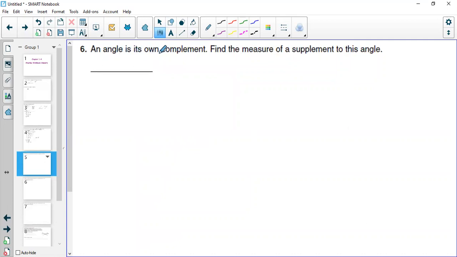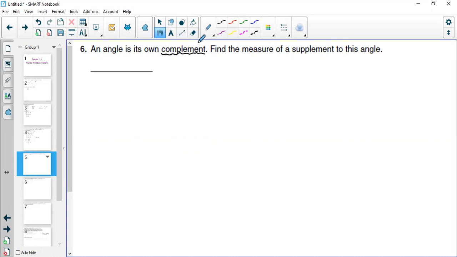An angle is its own complement. Okay, now this question is quite confusing because they did not say it is twice or thrice or something less. They didn't say anything. Rather, they said an angle is its own complement. What does this mean if an angle is its own complement?